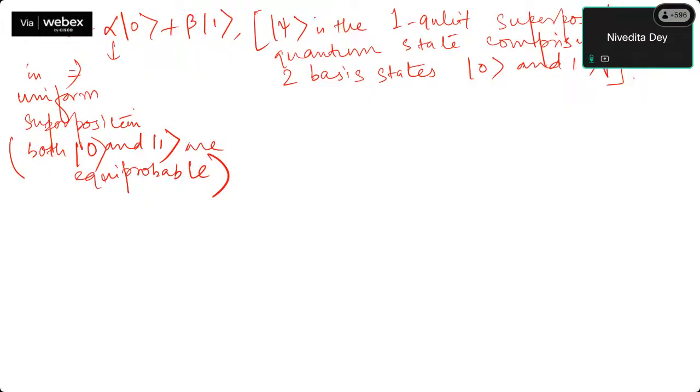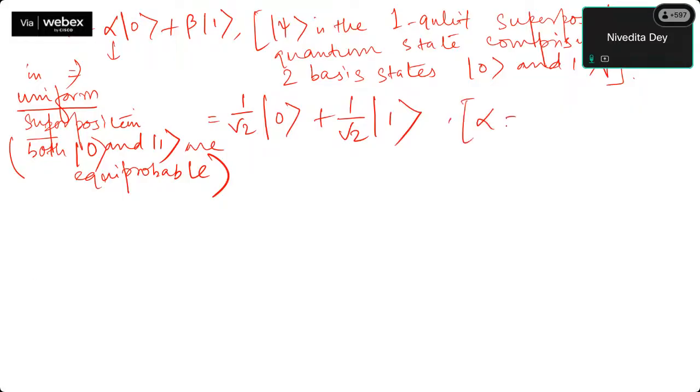So I hope you can cope with the speed and match with what is going on, if you have done some little study of the last class. So in uniform superposition where both are equiprobable, it is nothing but 1 over root 2 ket 0 plus 1 over root 2 ket 1. So that means alpha equals beta equals 1 by root 2.